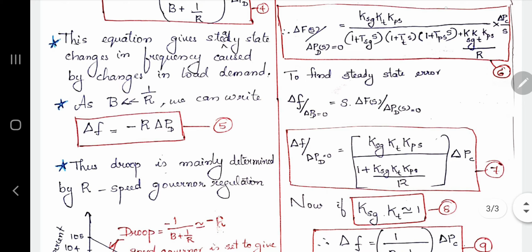Now we are again going to find the steady state error. The steady state error can be found as S into delta F of S, when S tends to 0. One more thing I forgot to mention. Substituting this equation, when we multiply with S, this S and this S get cancelled. For the remaining terms, you can substitute S equal to 0, S tends to 0. So you will obtain equation 7.